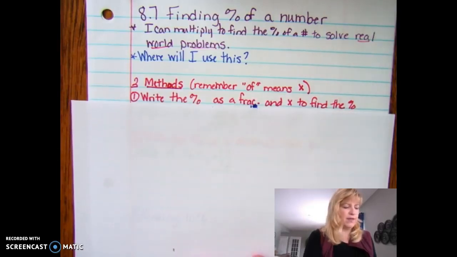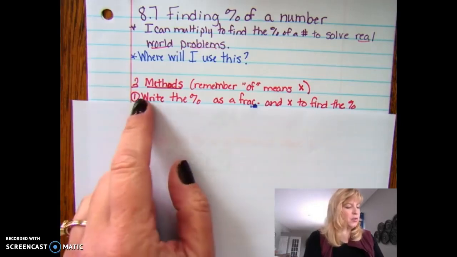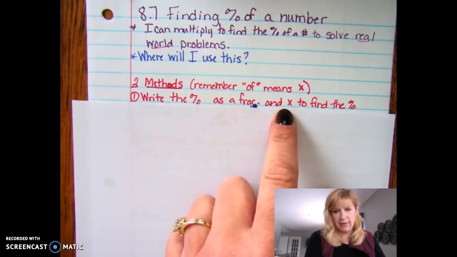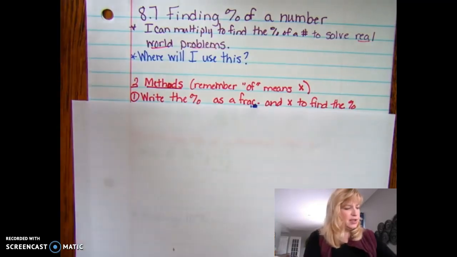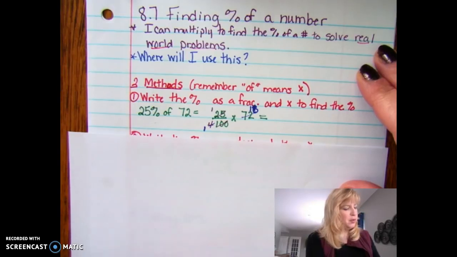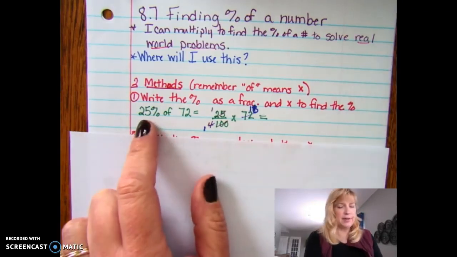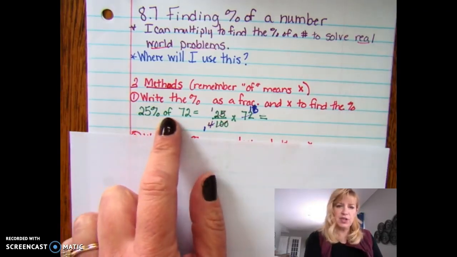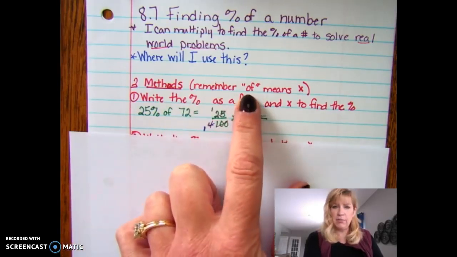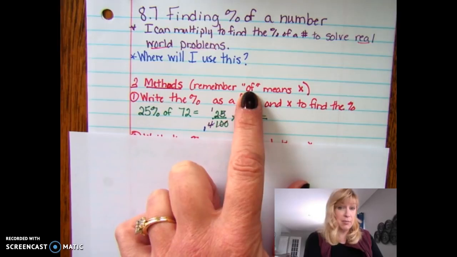Okay, the words for the first method are to write the percent as a fraction and then multiply to find the percent. So I've started one for you and we will go through the steps together. If you look at 25% of 72, put a little reminder, all year we've been working on the word "of" in mathematics.